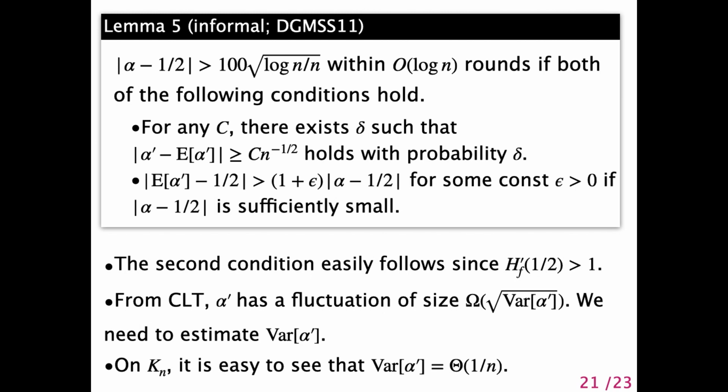To this end, we use the central limit theorem. This theorem says that alpha prime has a fluctuation of size square root of variance of alpha prime with constant probability. So we need to estimate the variance of alpha prime. On complete graphs, we can easily evaluate this variance, and we are done.